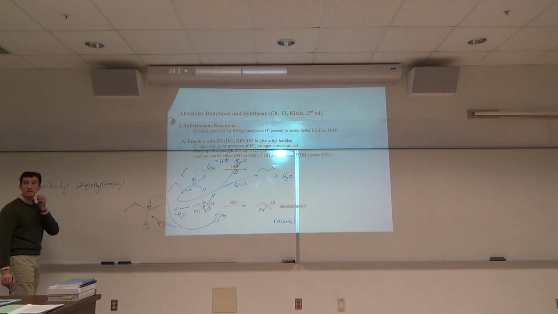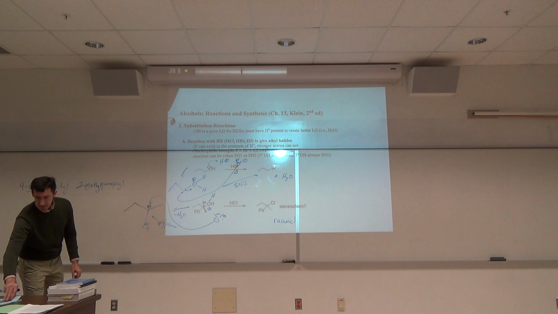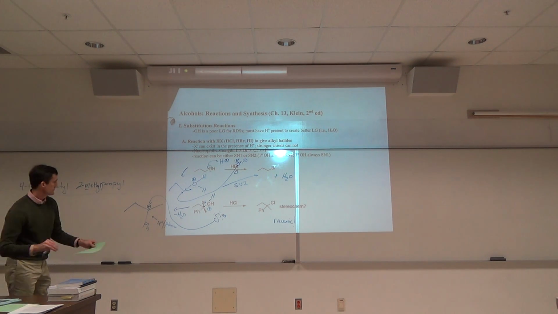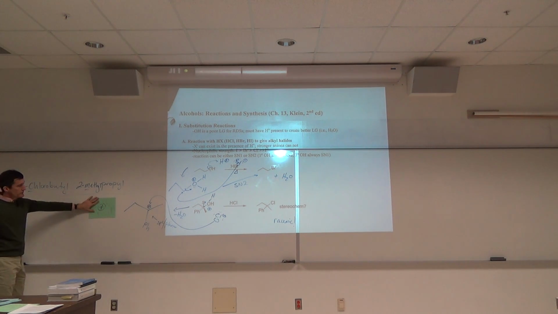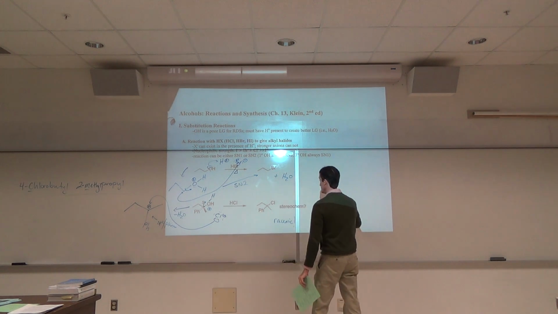Why is it racemic? Because the carbocation right here on the board is planar, the chlorine either attacks from the front or it attacks from the back. What does racemic mean? It means we have both.